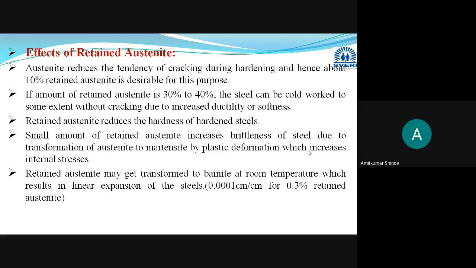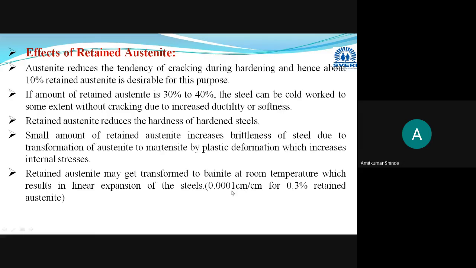As time passes, whichever retained austenite is there gets transformed to bainite, and due to this transformation from austenite to bainite at room temperature, some linear expansion will occur. Linear expansion means there will be some changes in the dimensions of that steel component, and that linear expansion will occur in proportion to, as I have mentioned here, 0.0001 centimeter per centimeter.